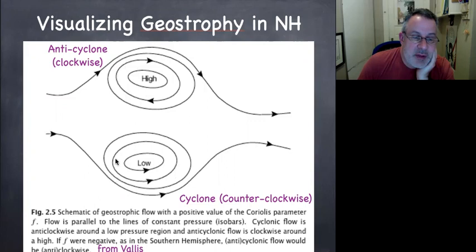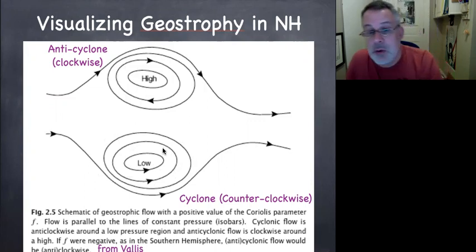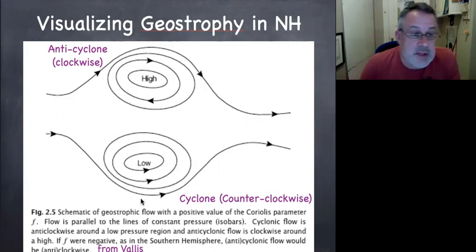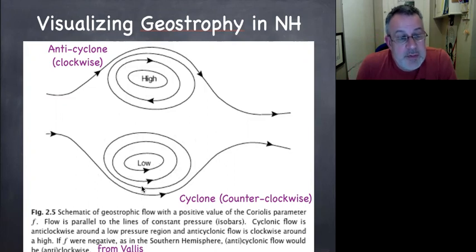And then in this case, with a low pressure, now the pressure gradient force is pointing inward all the way around, which means that we need a flow in the opposite direction to balance it with the Coriolis force. That gives us counterclockwise flow around a low pressure system in the northern hemisphere.